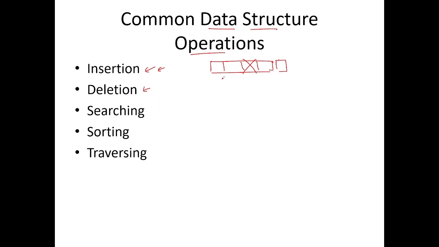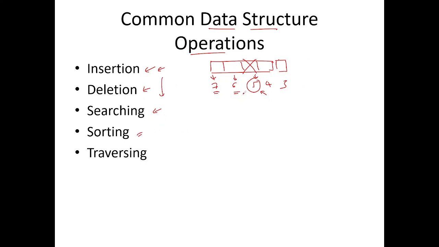Each data element will have a value. If you want to search a particular element, like in 7, 6, 5, 4, 3 if you want to search 5 in the array, you'll be comparing your element with this and this. You got the element, so you will say that you have found it. That is searching. In different data structures, these operation implementations will be different.